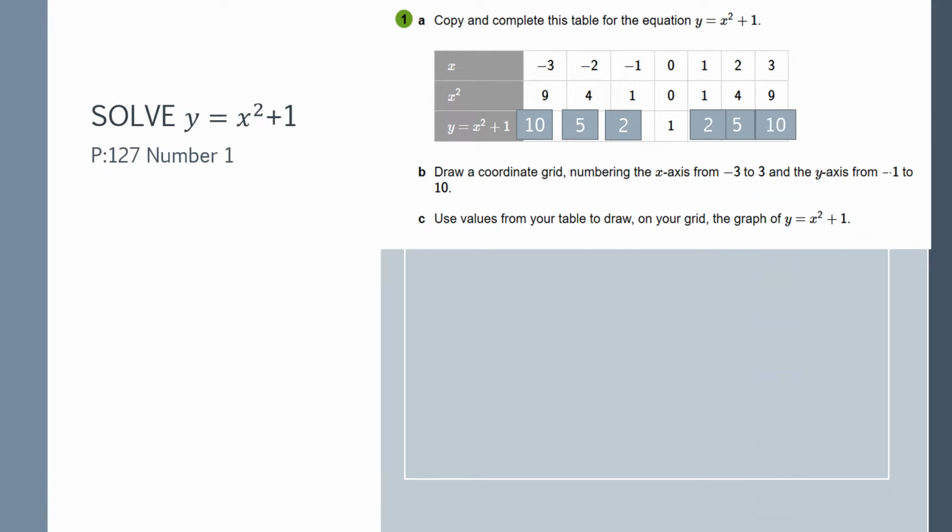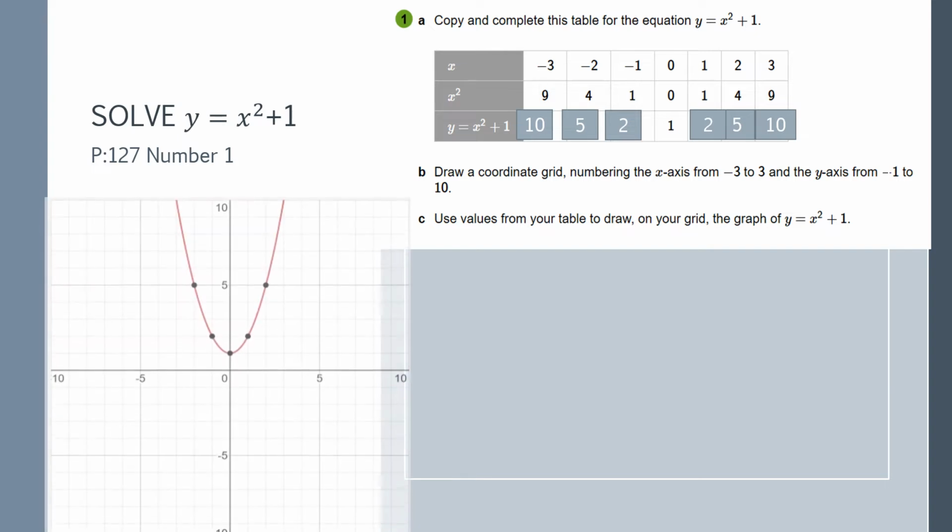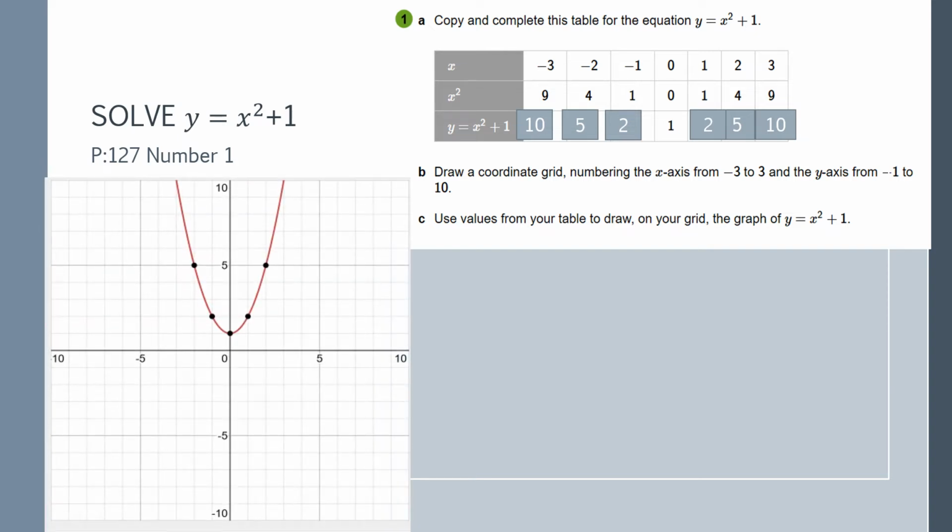Then you will plot these points, but you don't take the value of x squared. You just plot the points -3, 10, -2, 5, -1, 2, 1, 2, 2, 5, 3, 10, and 0, 1, where 0, 1 is the vertex of this parabola. When you plot them on the graph, you are going to get this shape. So as you see, the vertex here is 0, 1.